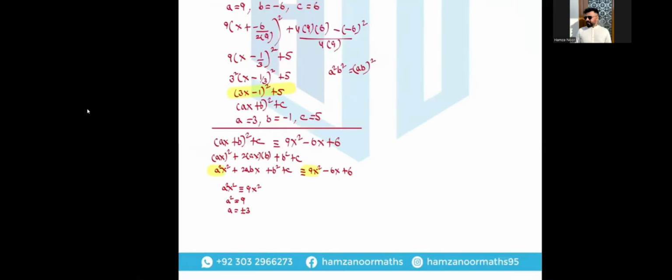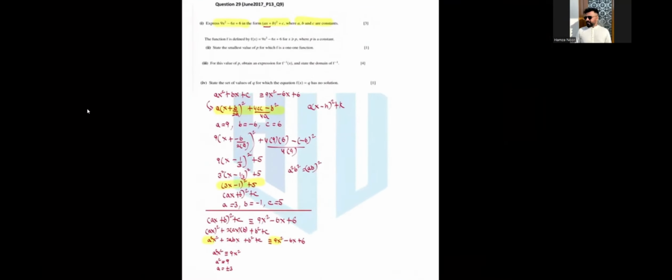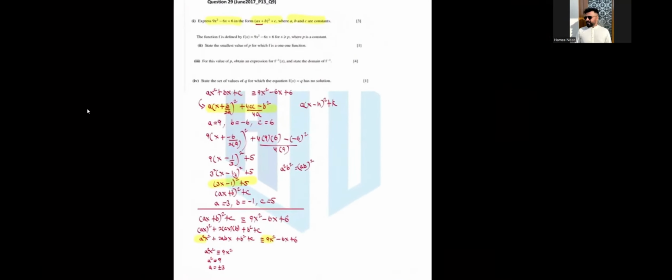As you know, in the expanded form, the coefficient of x squared is positive, so I'm going to take a is equal to 3 over here, in order to be consistent with our question.